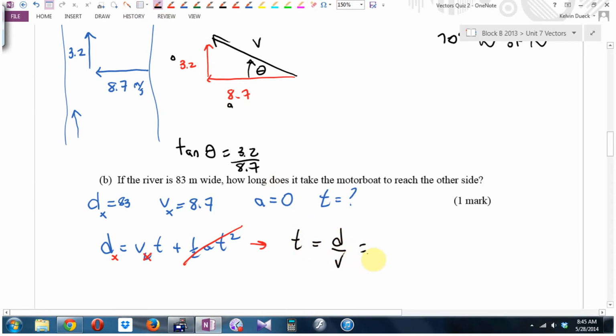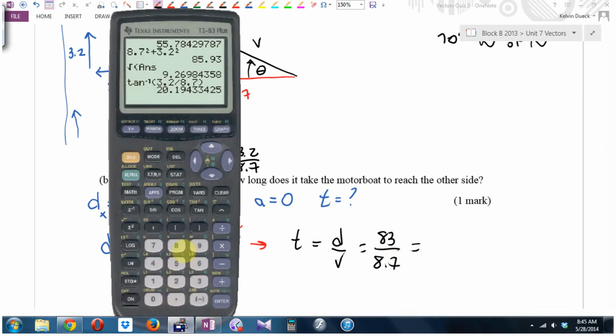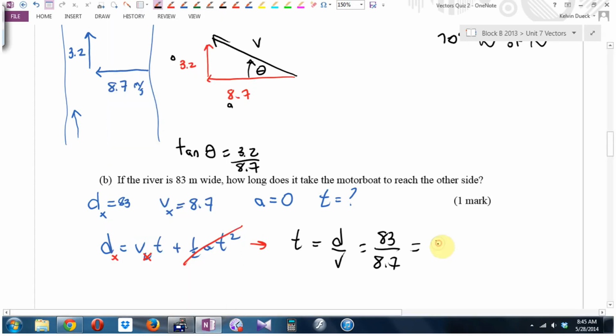So it's 83 divided by 8.7, which is 9.54. I'd take 9.5, but since I'm going to use this, I'll go a couple extra sig figs. So I'm going to write 9.54 seconds.